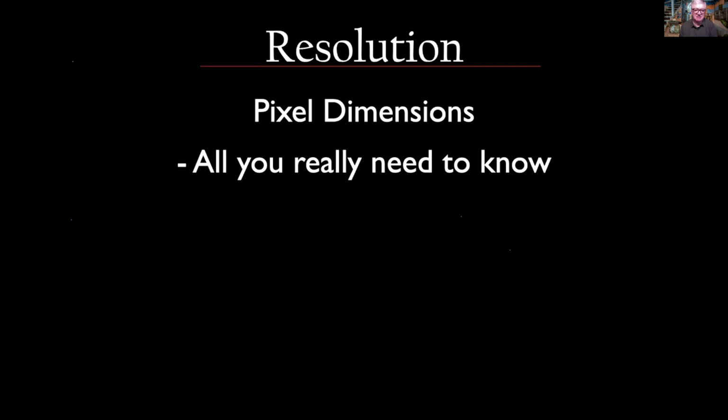My camera doesn't kick that out. It kicks out a 50. So it's upsampling it, but it does it in a way that makes beautiful prints, just beautiful prints. So really all you need to know is what your pixel dimensions are.